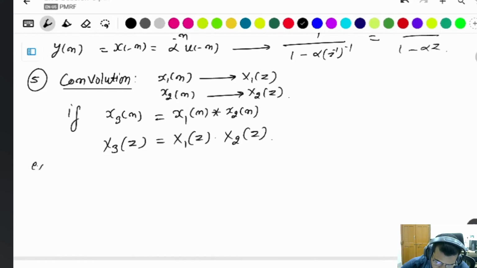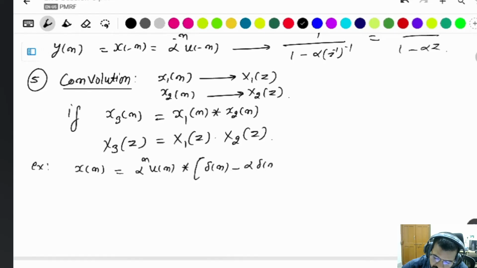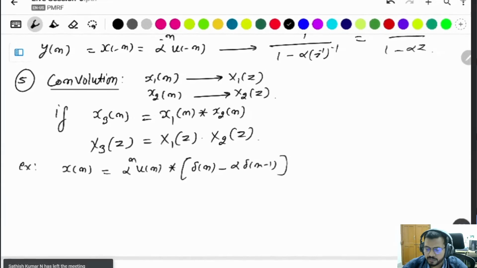For example, if x[n] is equal to the convolution of alpha power n u[n] with delta[n minus 1/2] alpha delta[n minus 1]. How can you find the convolution of this function? In the time domain, you have to multiply all of the things like that, summation from 0 to infinity.